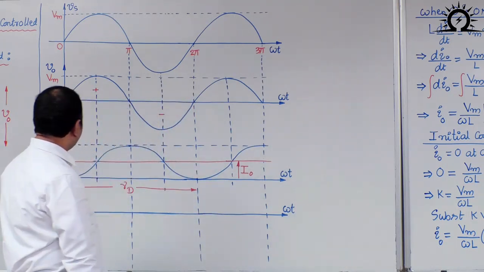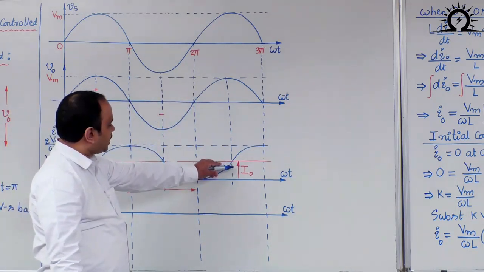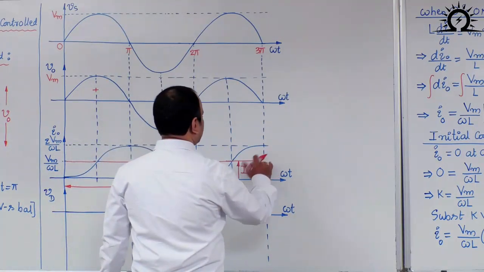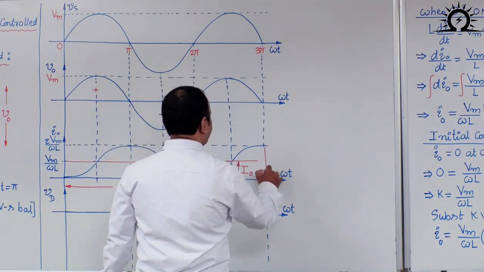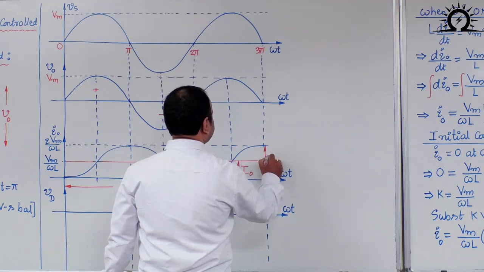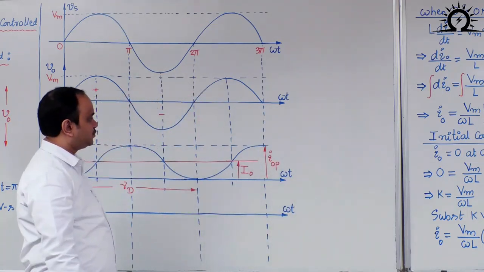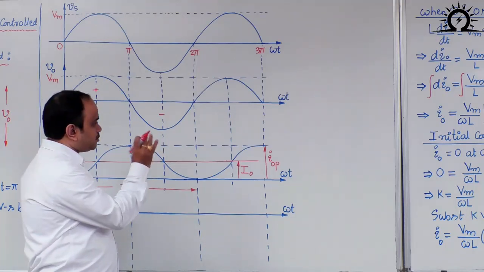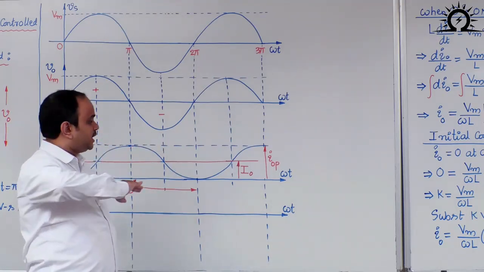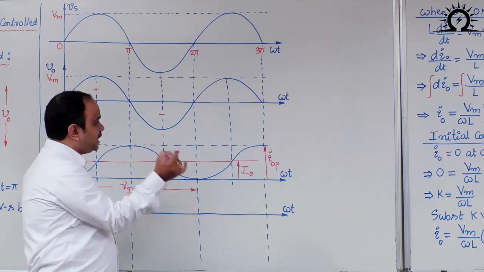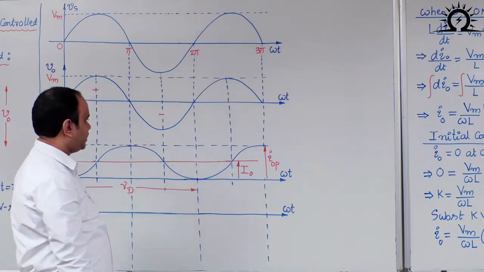Now I can compare this capital I naught with the peak value of the I naught waveform. I can say this is IOP, small i suffix o and p. Small i naught is the instantaneous value, that is, the peak instantaneous value.